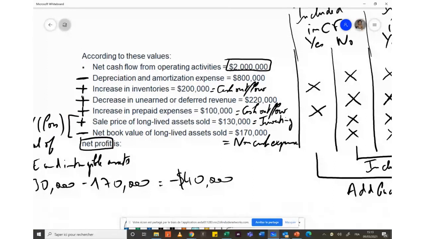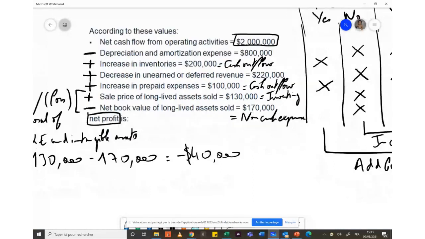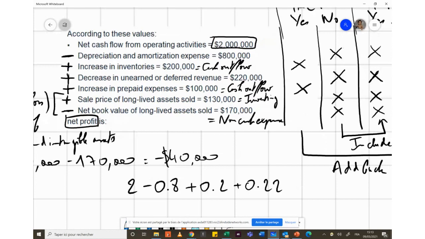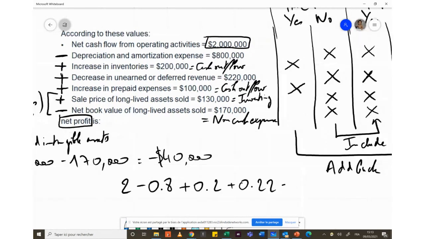So finally, the calculation is 2 million minus 0.8 million because of the D&A, plus 0.2 because we add back the increase in inventories, plus 0.22 because we increase the revenue thanks to the decrease in unearned revenue, plus 0.1 because we eliminate the prepaid expense.